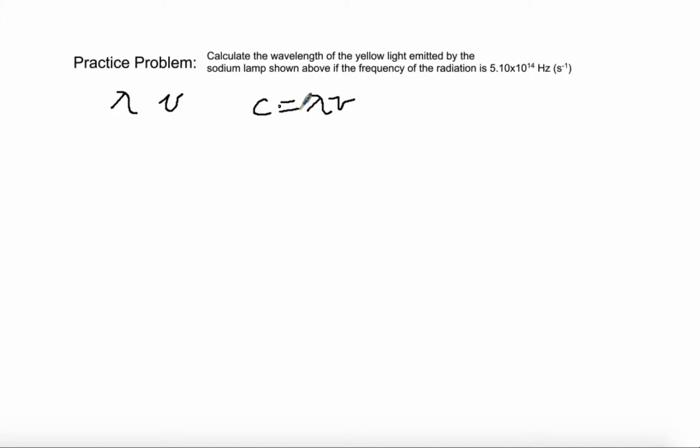If I want to solve for the wavelength, we can just rearrange this. We want to solve for lambda, so we're going to divide by nu on both sides. And we get that lambda, the wavelength, is equal to c, the speed of light, divided by nu, the frequency.